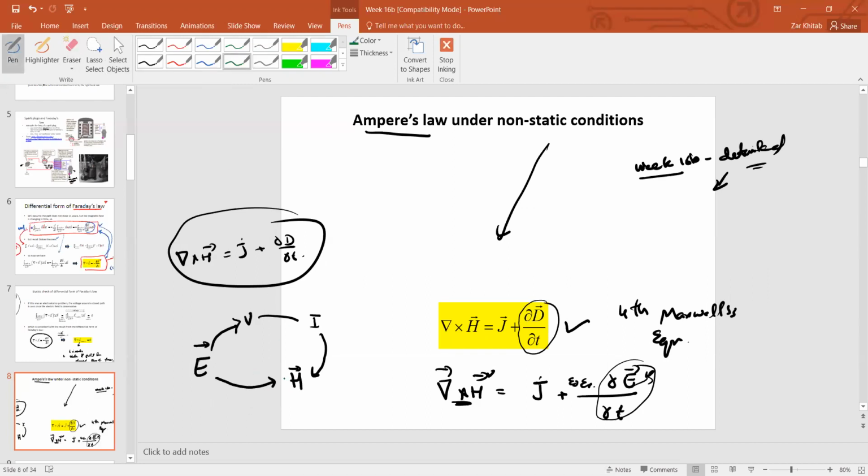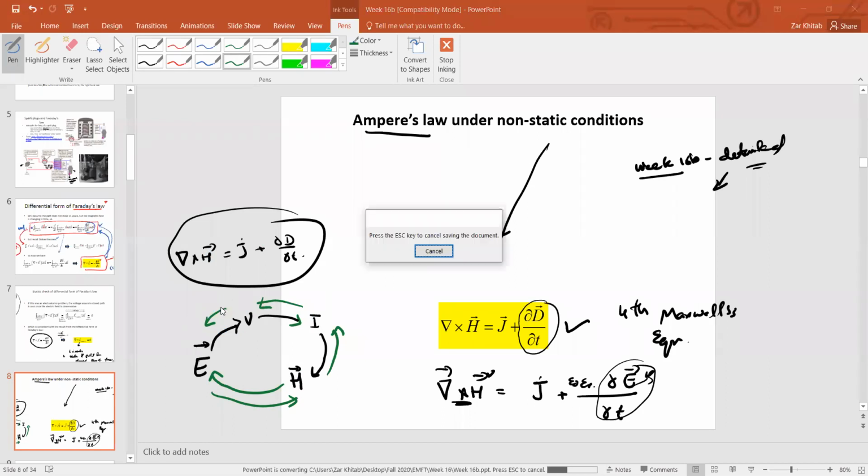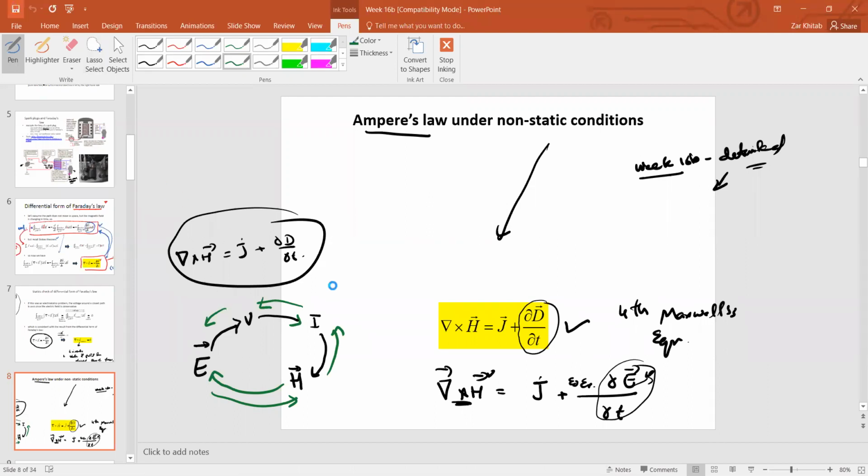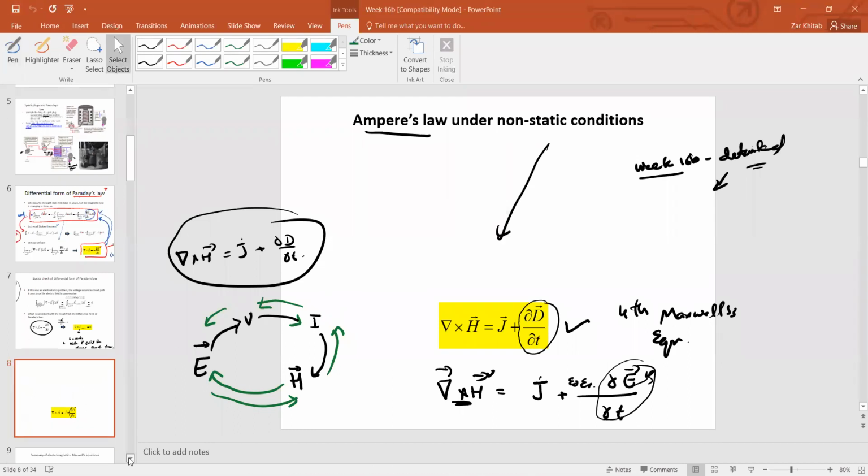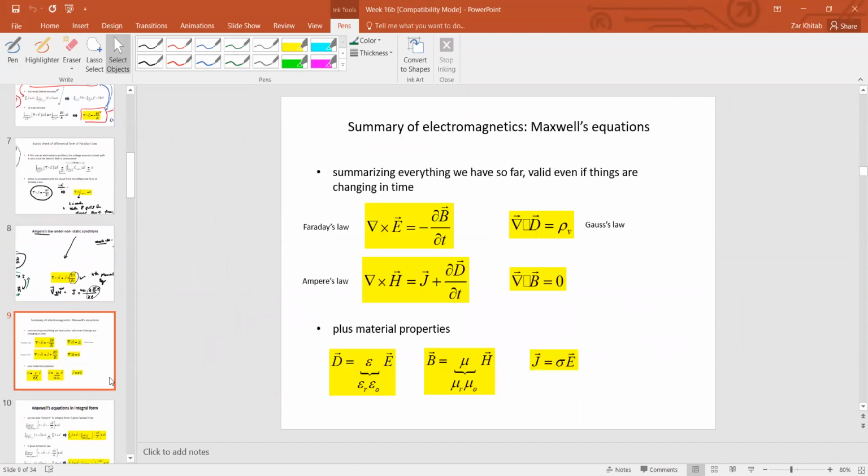Very familiar things we have. Reverse is also true. You can go the other way around in this cycle. So if one of the fields is time varying, you get a very interesting situation. Now we have the third and the fourth Maxwell equation.